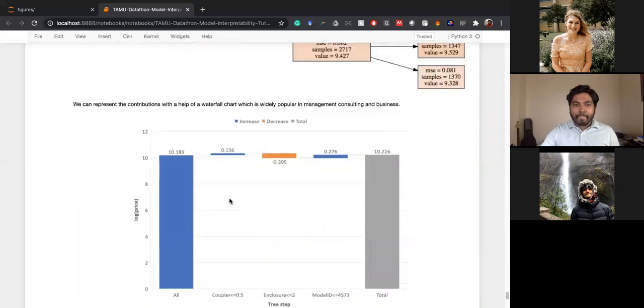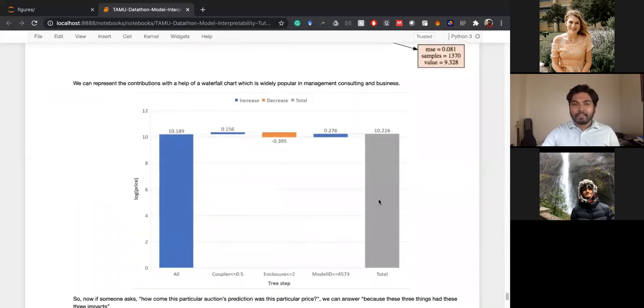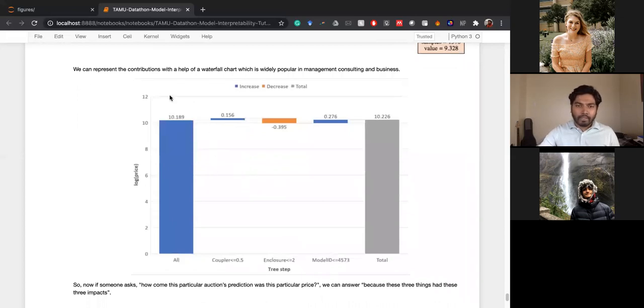Now, these changes can also be represented in the form of a waterfall chart, which is very popular in management consulting and business. Here on the left, you can see this tall blue bar. This is the bias, the average sale price over your whole training data set.